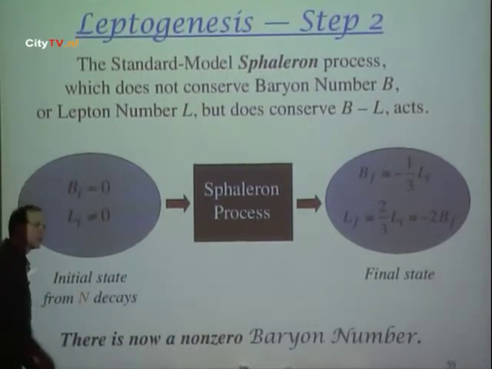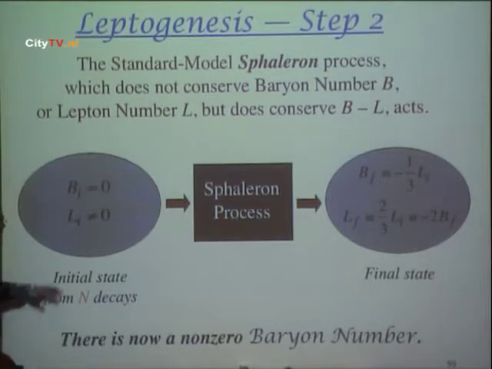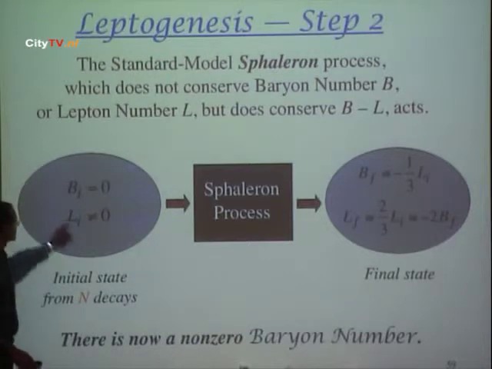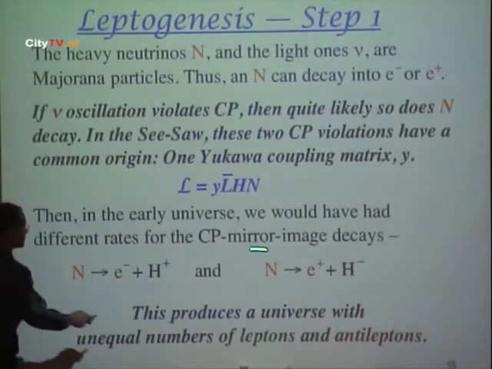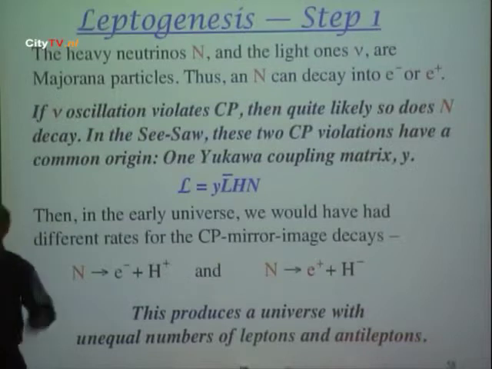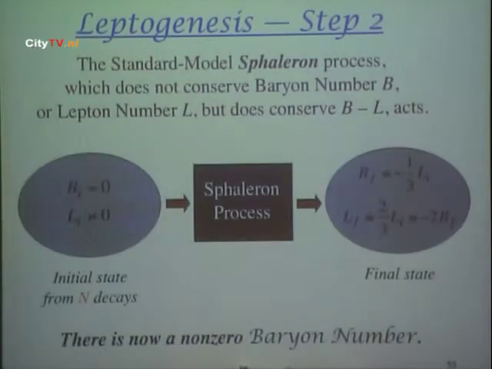And the nature of the sphaleron process is such that if you start with the sort of universe which would have resulted from CP violation in N decays, which has a non-zero lepton number because it has unequal numbers of electrons and positrons, and similarly mu pluses and mu minuses and neutrinos and antineutrinos.